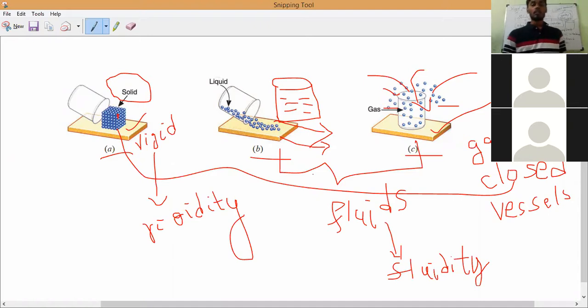Fluidity. Try to draw this diagram. Two minutes. Note down, all of you. Drawn, sir. Sir, what is this, sir?